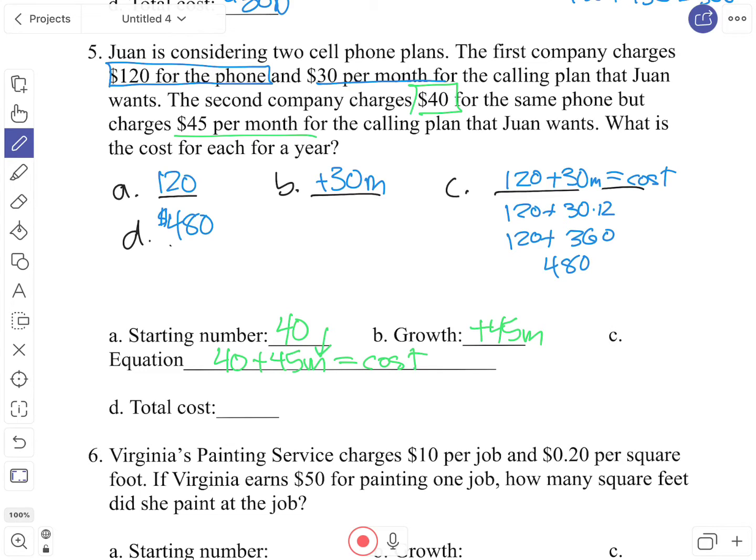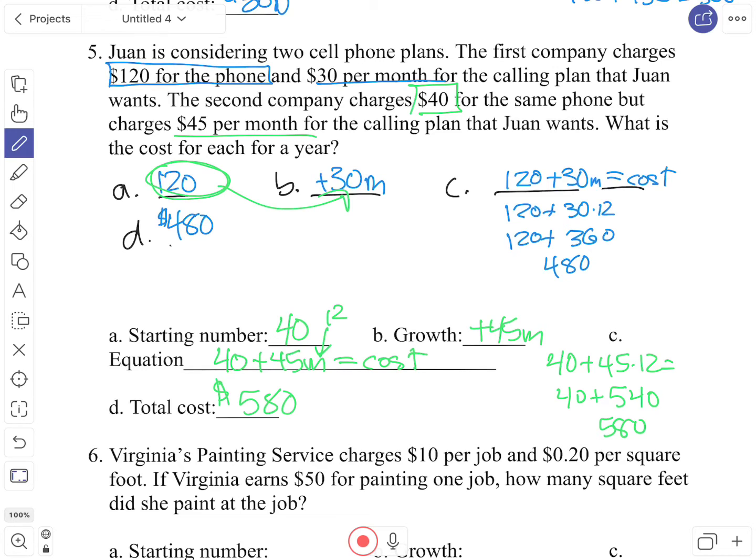So again, we put 12 in right there, so I get 40 plus 45 times 12, and that's going to be our cost. 45 times 12 is 540, plus 40 is going to be $580. So if we look at these two, it's going to be better to spend more on the phone and less per month than it would to go the opposite direction.